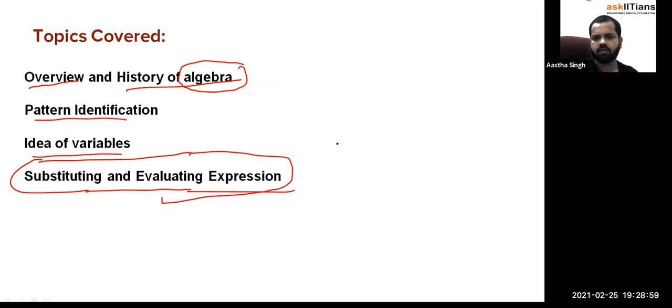Finding the value of an expression means, for example, an equation is given, suppose 2x minus 4 is equal to 8, and you have to find the value of x. So what will you do?